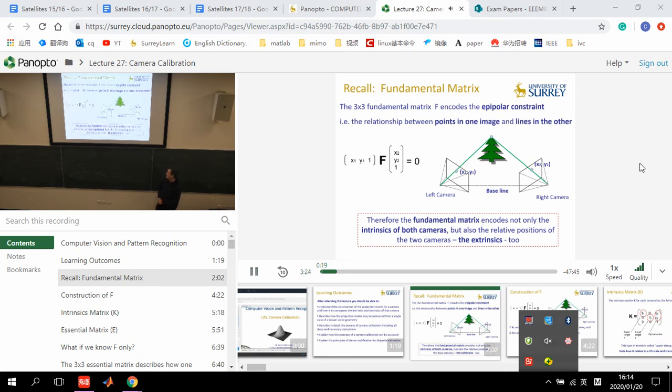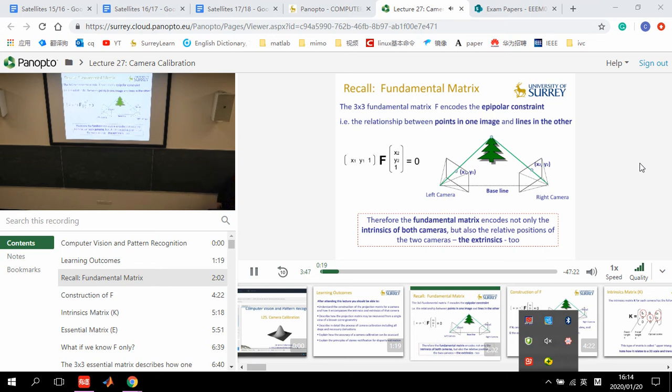And vice versa. So I could have put the right-hand point in as a single point and reasoned about all possible locations in the left-hand camera. It's that relationship there encoded by that 3x3 matrix, the fundamental matrix, that encapsulates everything we know about the relative positions and internal parameters of those cameras, what we call the extrinsics and the intrinsics of those cameras.